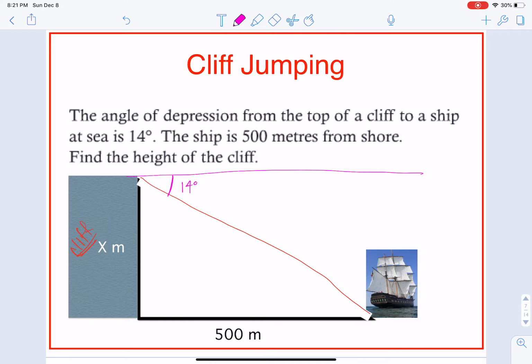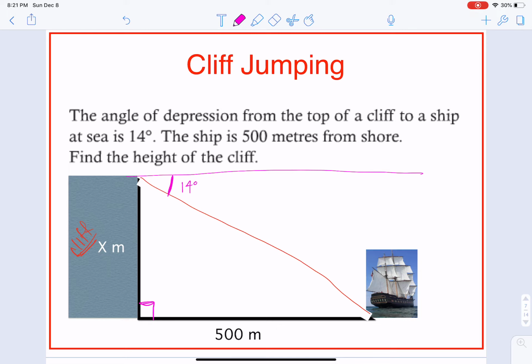And I know that so many kids always want to use this as their 14 degrees. But if you always remember that it's the angle from the horizontal going down, it will make things a little bit easier for you. So we can go ahead and use some right triangle trig to solve this problem. So I know that we'll call this a right angle right here.